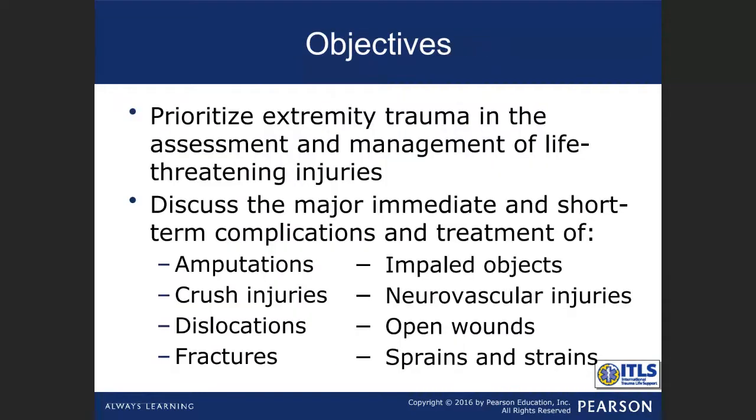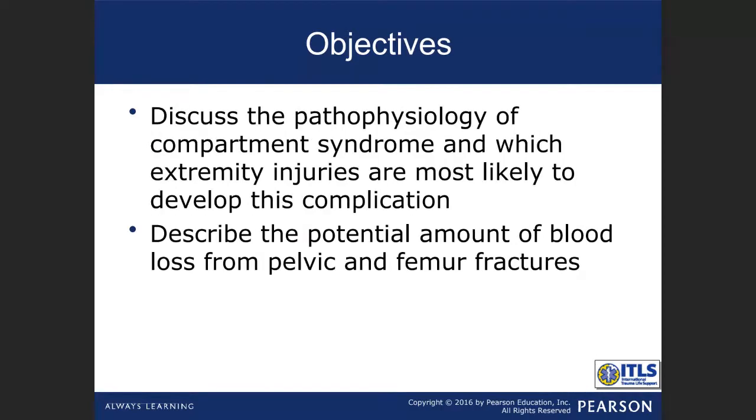Now, objectives. Prioritizing extremity trauma in the assessment and management of life-threatening injuries. That's your goal. We will discuss the major, immediate, and short-term complications and treatment of amputations, crush injuries, dislocations, fractures, impaled objects, neurovascular injuries, open wounds, sprains, and strains.